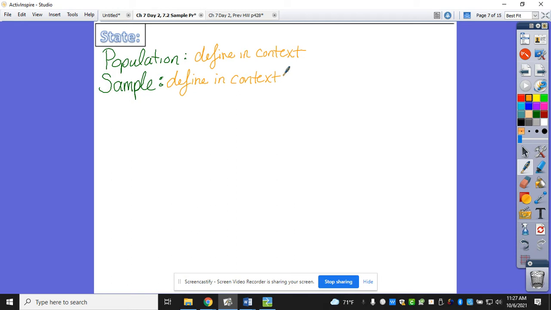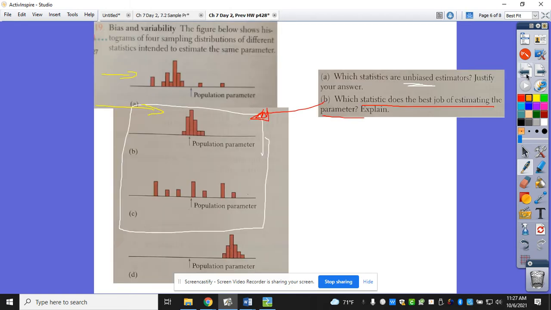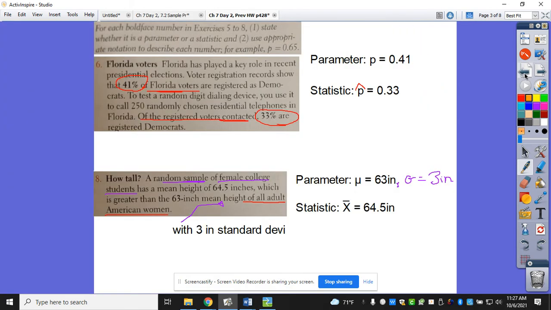So population, sample, those are context things. Coming back to a problem we did in the homework, we said our Florida registered voters was our population.